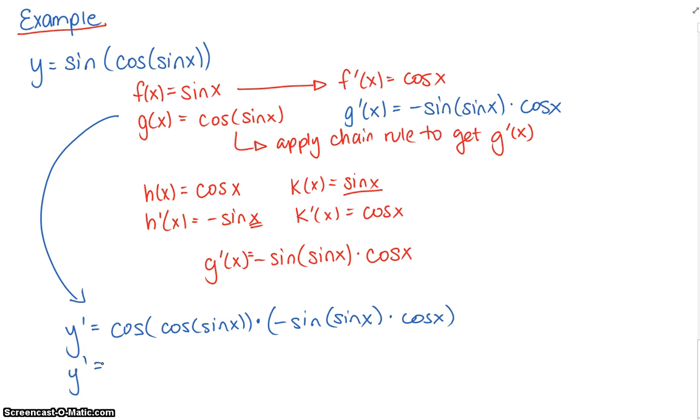And you do need to simplify this down. So the cos of x is being multiplied, so it can move up front along with your negative. So negative cos of x times your cos of sine x times your sine of sine x.